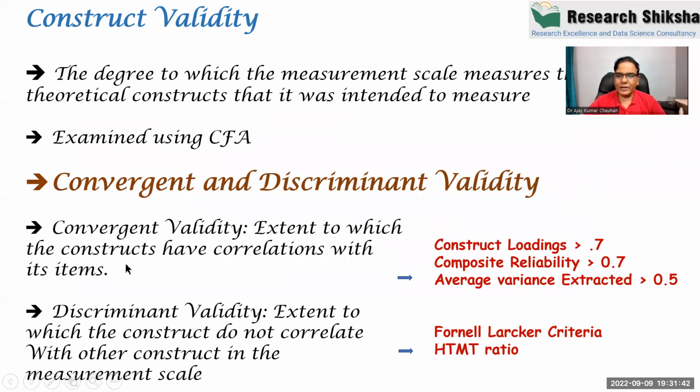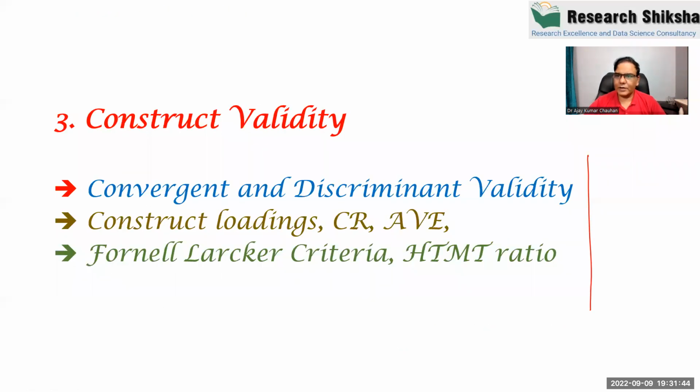The conditions are mentioned here in detail, just explaining you before that. There are two measures of discriminant validity: Fornell-Larcker criteria and HTMT ratio. So I will explain you just after explaining all the three.